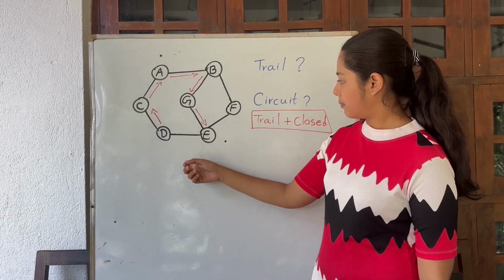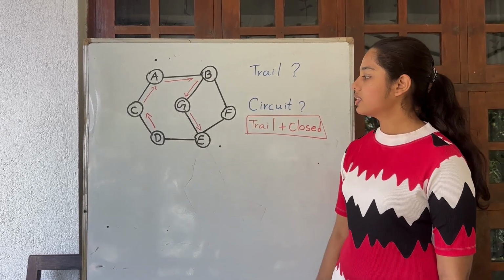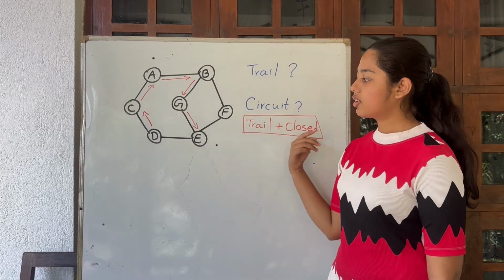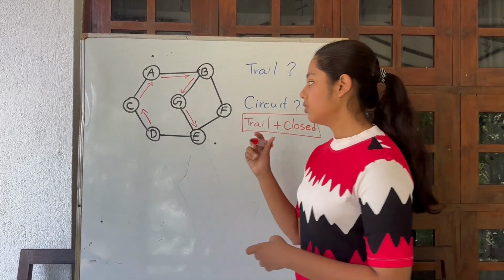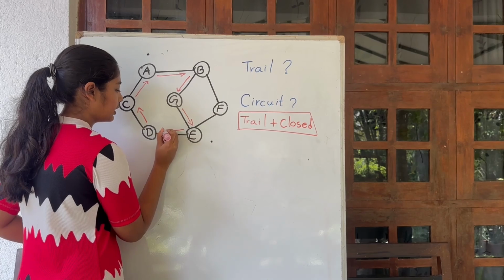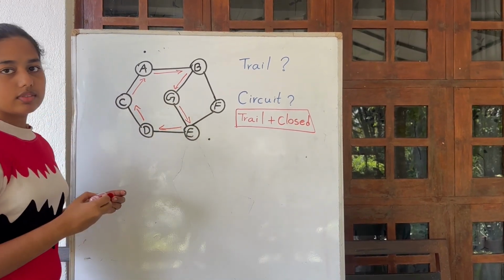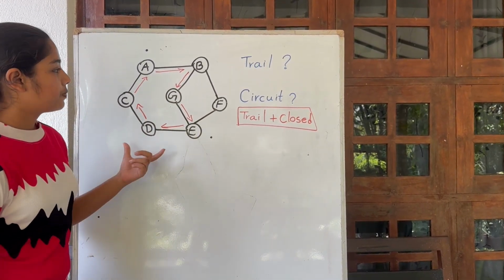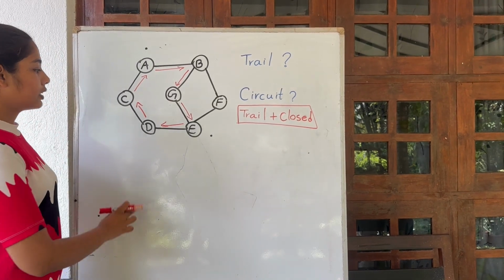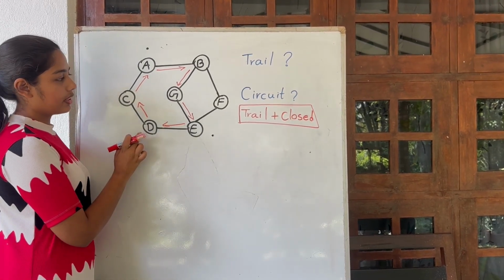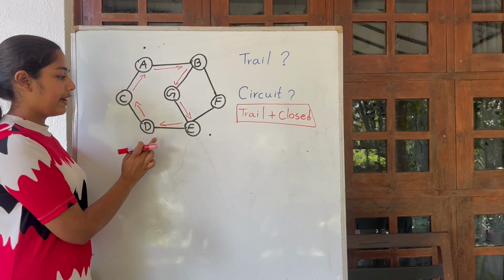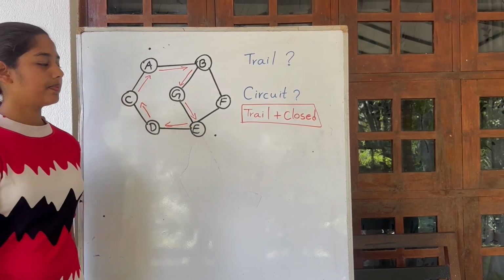In this example, this is not a circuit because this is not a closed walk. So we have to go to the vertex D. Now this is a circuit because the starting vertex and the ending vertex are the same.